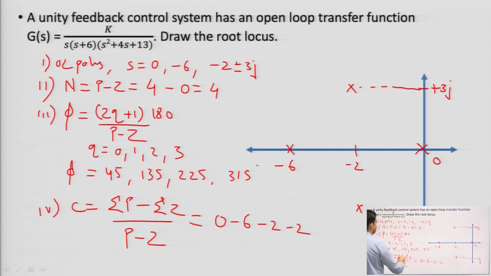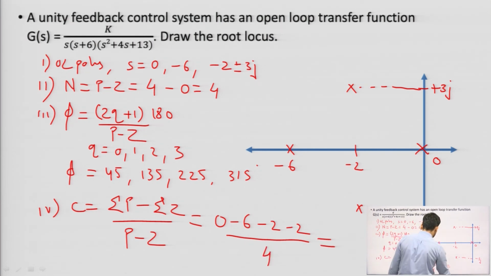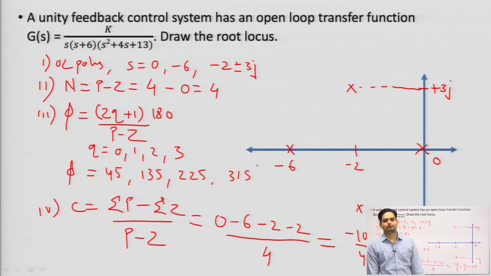Two poles here are complex poles, divided by p minus z, which is 4. So this is minus 10 by 4, which is minus 5 by 2, around 2.5 in magnitude. So this would be my value of centroid. Okay, now I can draw these 4 angles from the centroid point.